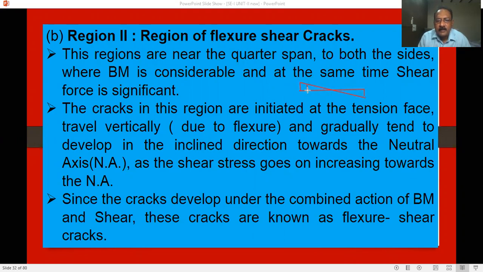Here it is significant. From here to here, you will have significant shear force. That is the meaning. So here you will have both bending moment considered on both sides and, at the same time, shear force. We'll continue in the next class with the remaining types of cracks, continuing with region 2 cracks. Thank you.